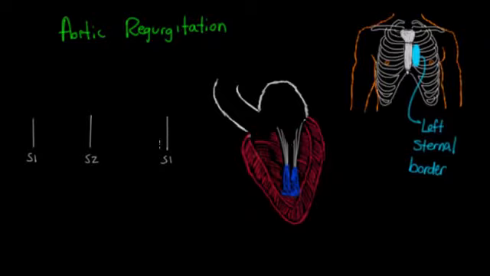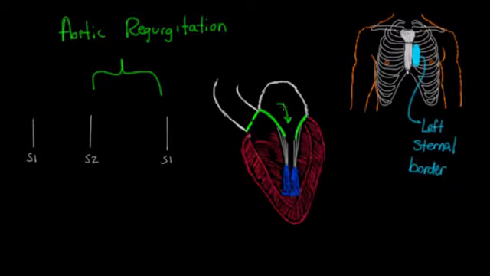And so this time, because we're talking about diastolic murmurs, these murmurs are actually going to occur between S2 and S1. And so let's talk about S2 for a second. S2 is actually going to be caused by the closing of the aortic valve, and then soon after that, the mitral valve will actually be open. And then the heart's in diastole, meaning it's filling with blood.